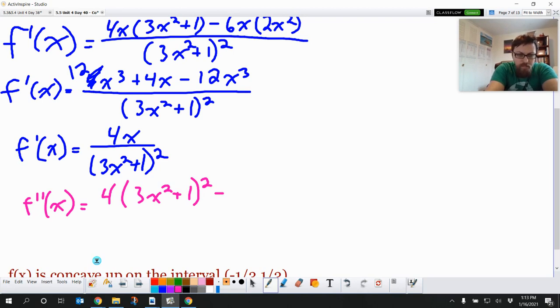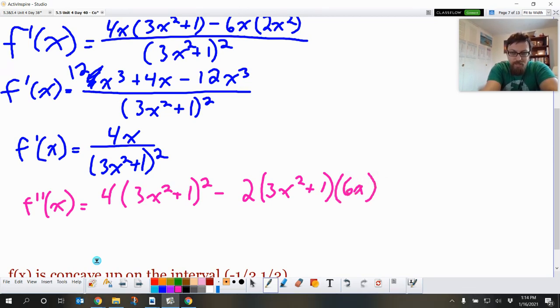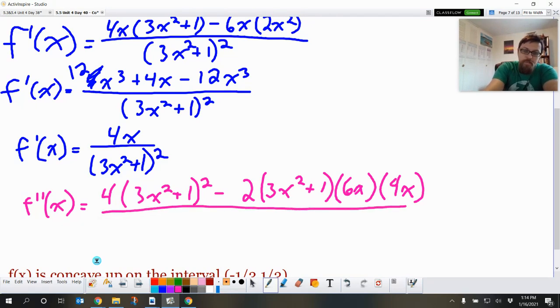Okay, so that is going to be 2 times (3x squared plus 1). Derivative of the bottom is that. I got to do chain rule, so I got to do the inside, so that's going to be another 6x. Times the top, which is 4x. And then this is going to be all over that (3x squared plus 1).